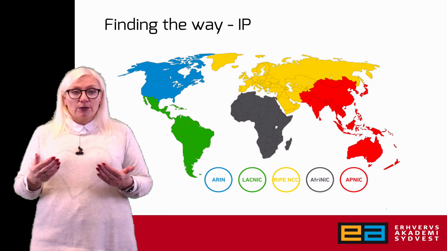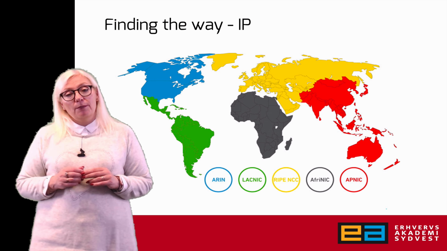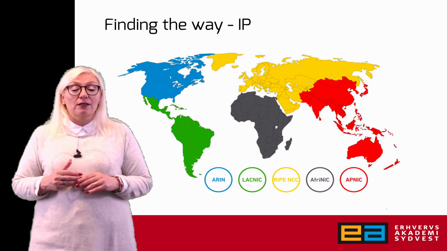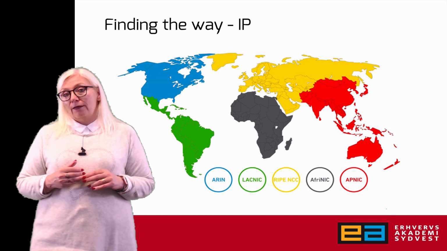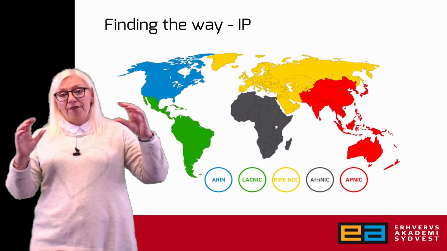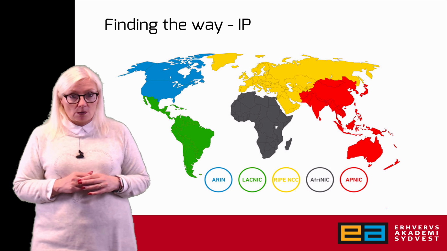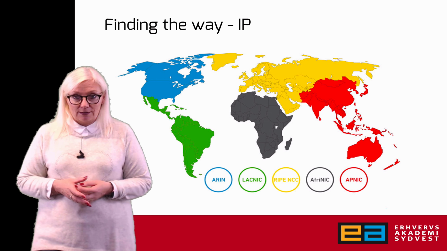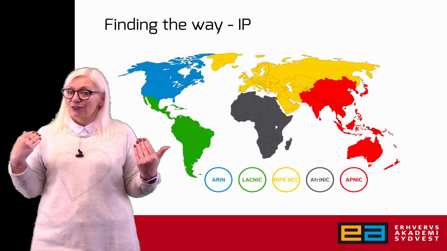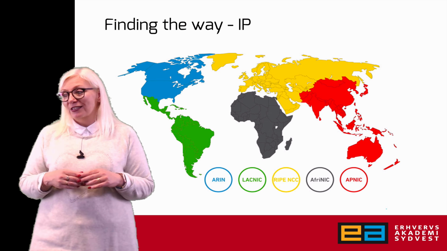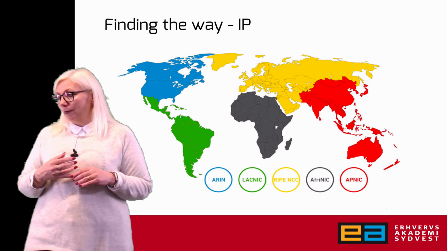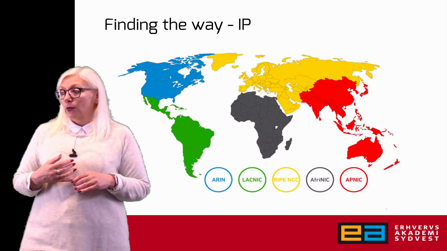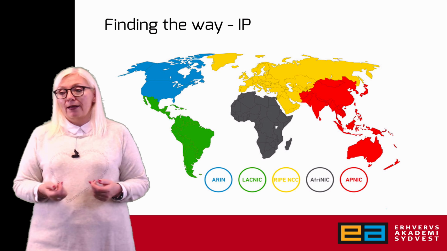It's also important here that the same IP address is only used once on the internet. So we have different companies with different geographical areas that make sure that we are not using the same IP address on two different devices on the internet. We have ARIN in North America, RIPE NCC in Europe, AFRINIC in Africa, and so on.